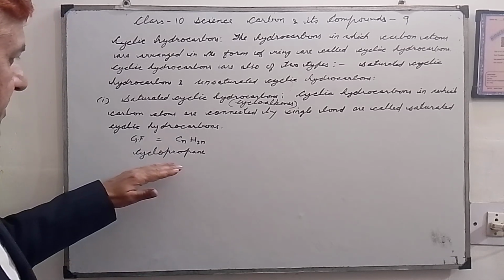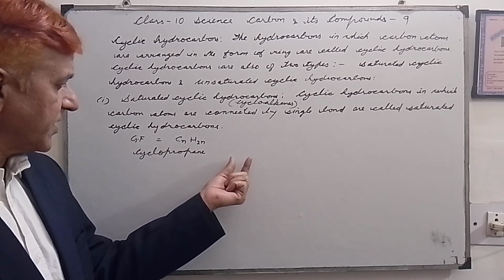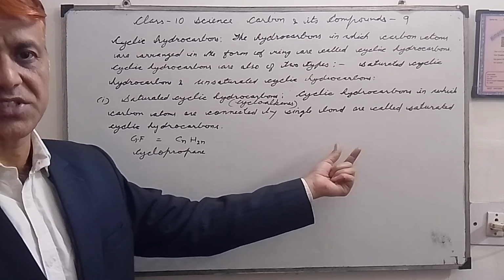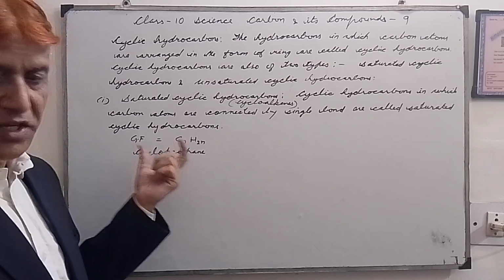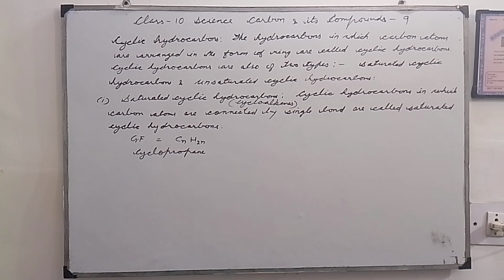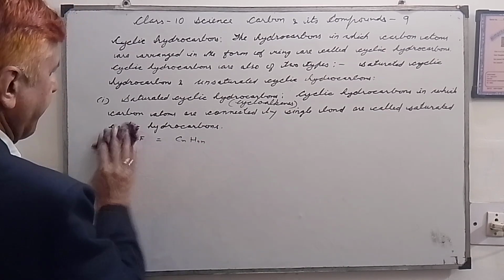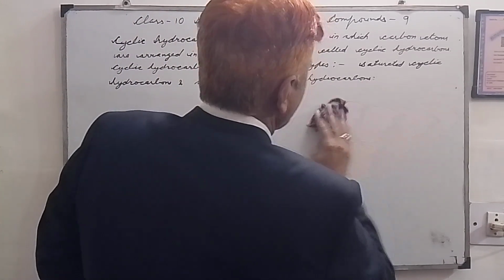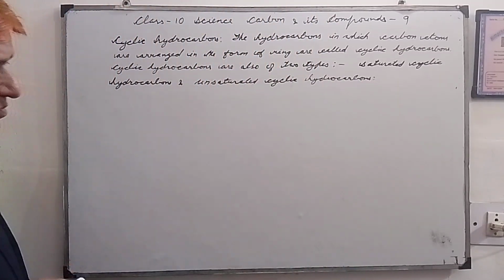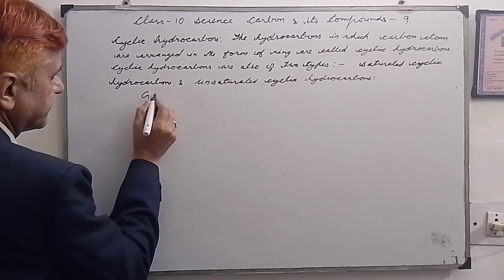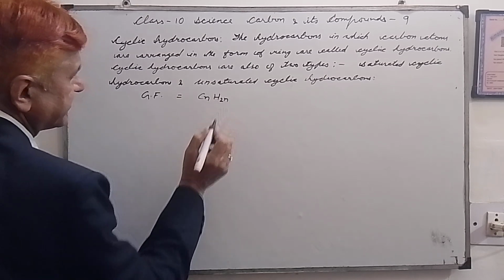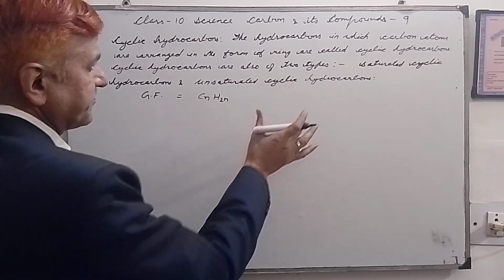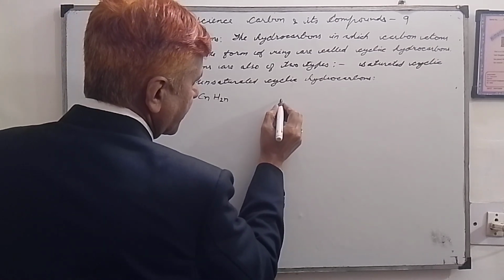Now, my dear students, we will write molecular formula, structural formula and electron dot structures for some cycloalkanes. The general formula for cycloalkane is CnH2n.